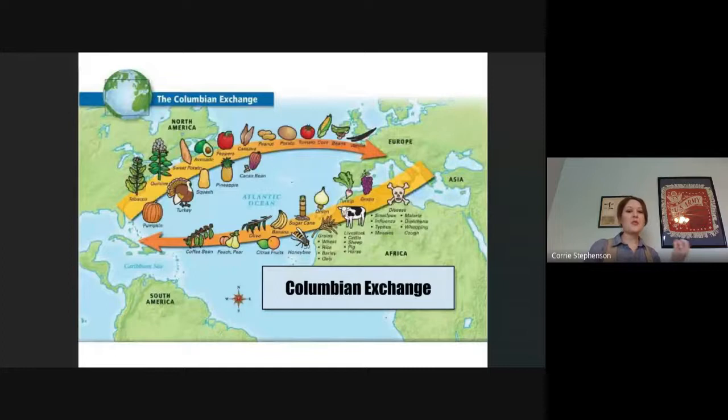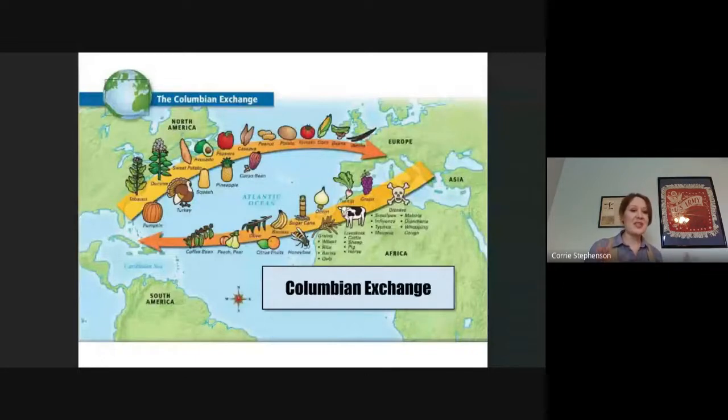So I would be familiar with this, as you guys saw on your little practice test we did. One of the long essay questions asked you about the effects that the Columbian Exchange had on Native Americans and Europeans. If you're planning to take AP Euro in the future, I've seen that same question show up on the AP Euro exam. So knowing the Columbian Exchange is never a bad thing at all.